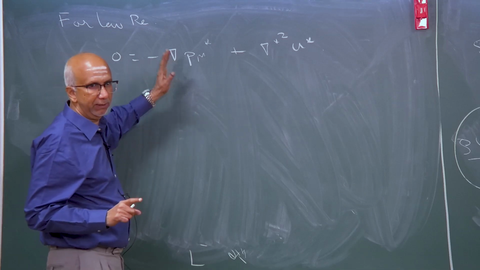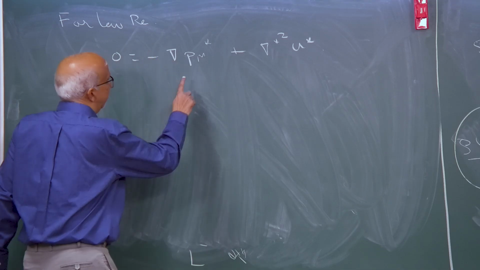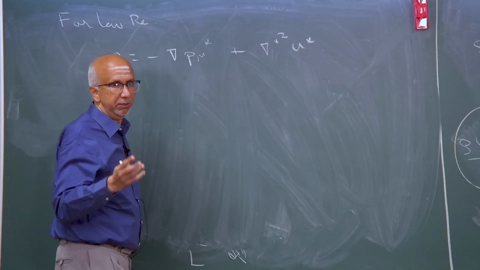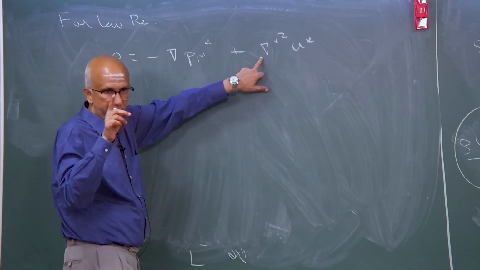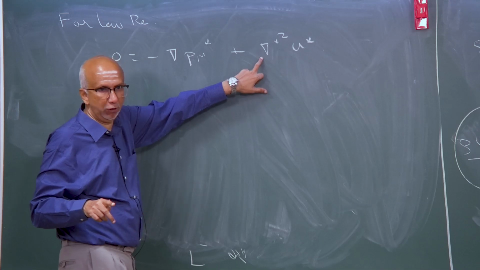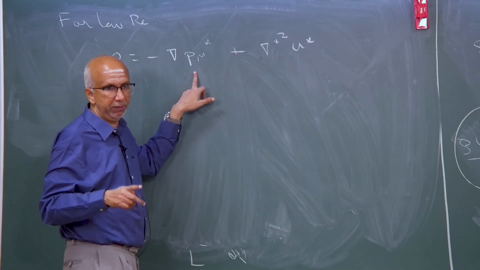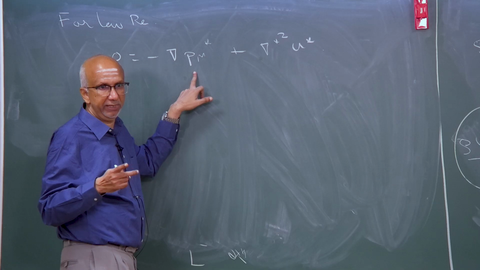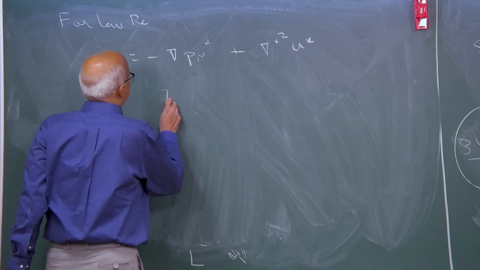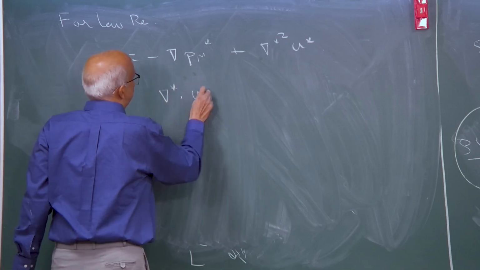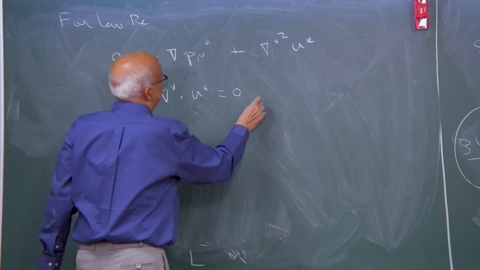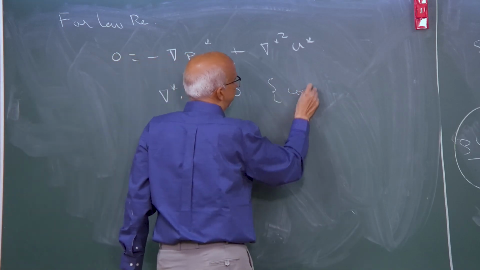Now, the nonlinear terms have disappeared, and there are again 4 variables. You have to write this for all 3 directions, 3 velocity components, and there is pressure. You need one more equation, which is the continuity equation, del star dot u star equal to 0. This is your continuity.